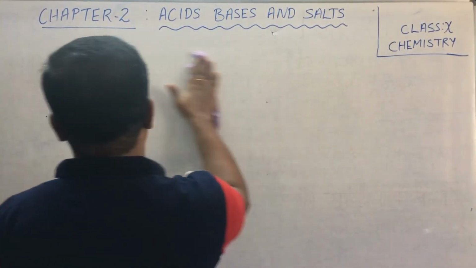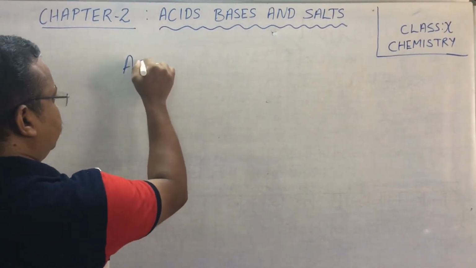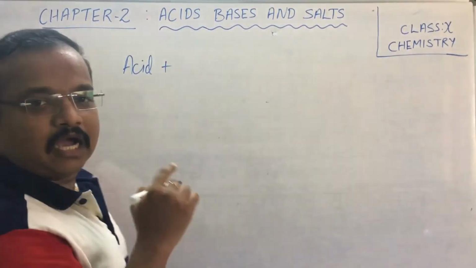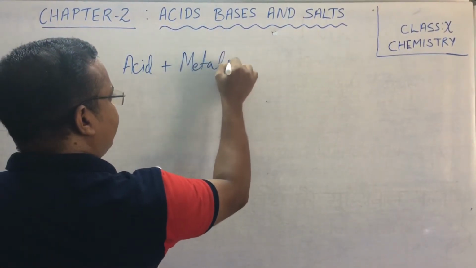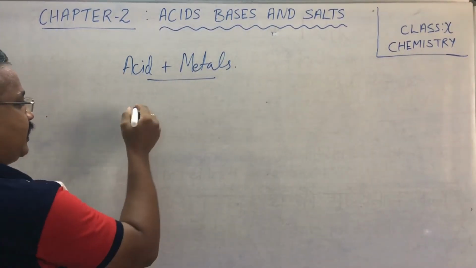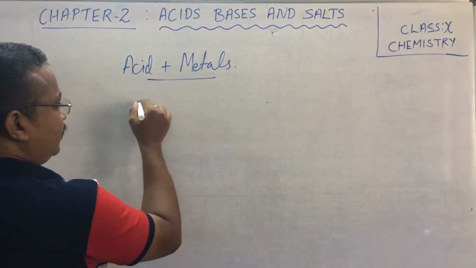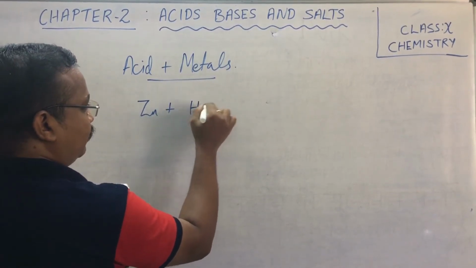First of all, let us look into acids. How do they react with metals? That is, let's take an example of zinc on adding into hydrochloric acid.